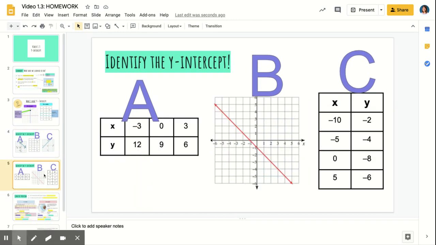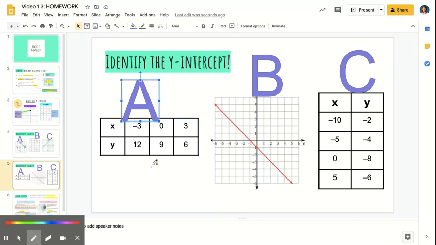All right, let's move it along. I want you to try. What is the y-intercept of table A? Okay, what you should have got was that the y-intercept is, in fact, 9. What about B? Find the y-intercept.